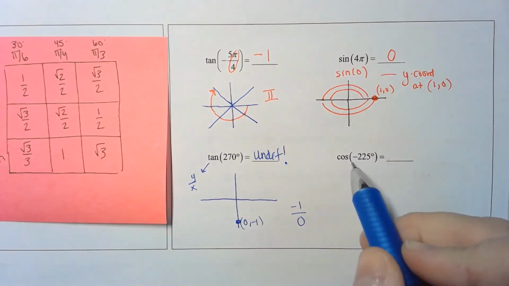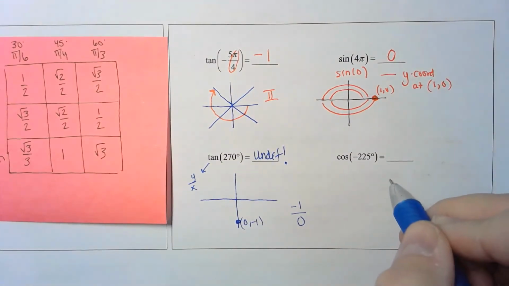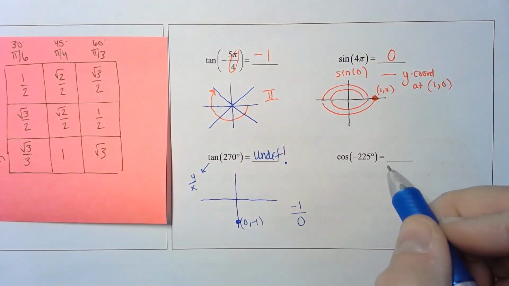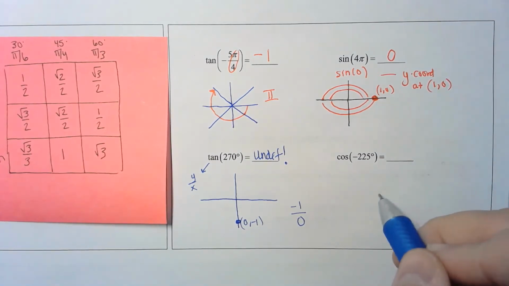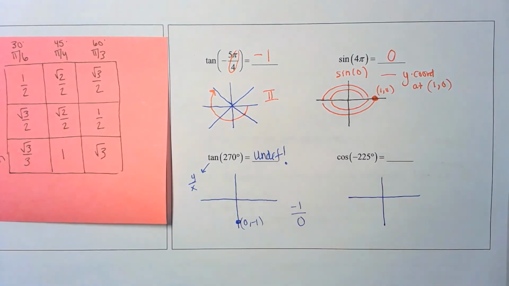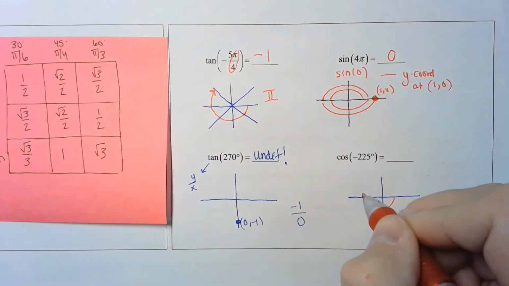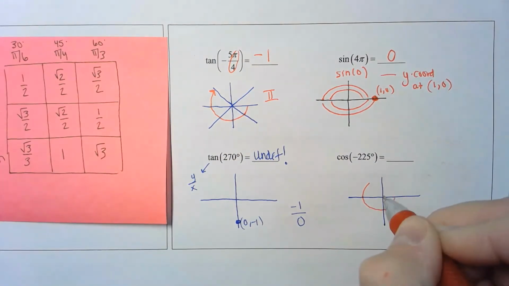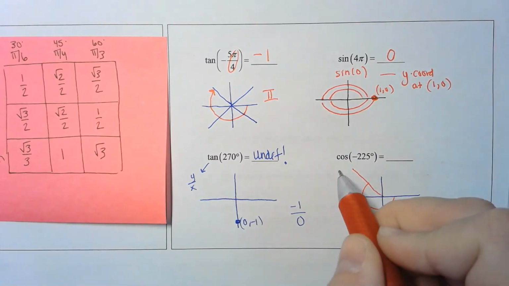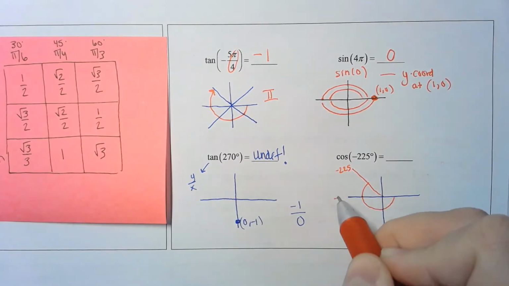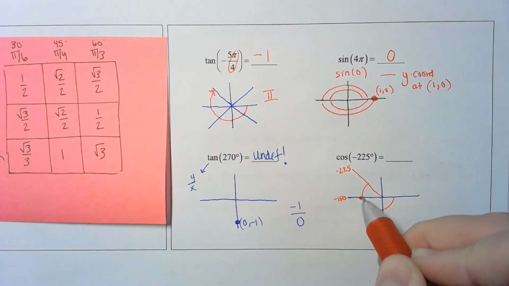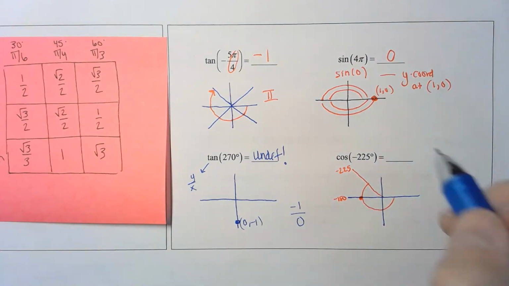Okay. All right, last one. The cosine of negative 225 degrees. So 225 is bigger than 180. Right, so I'm going backwards 180, and I'm going to go a little bit farther, not quite to negative 270. So here's negative 225, here's negative 180. I'm in the second quadrant, and cosine is negative in the second quadrant.